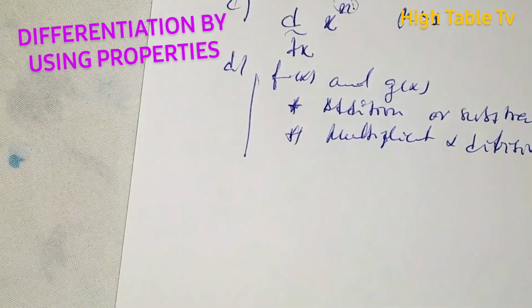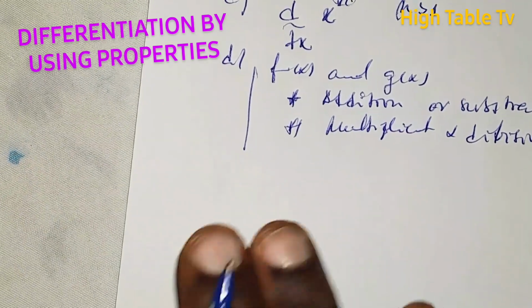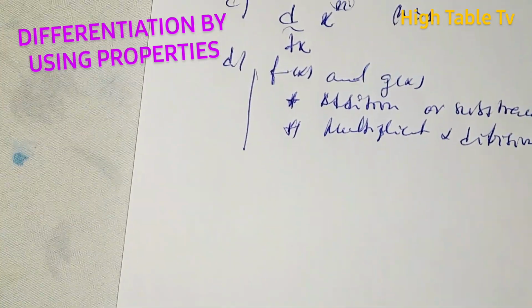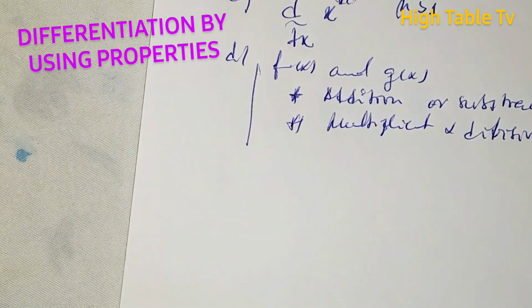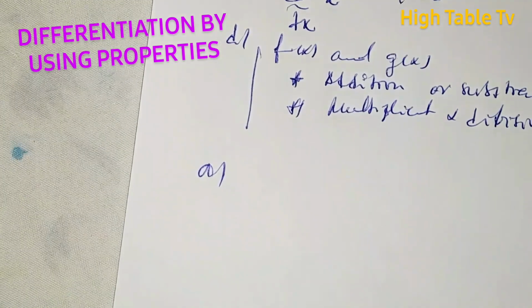After this, we will talk about the derivative of rational functions and also of some trigonometric functions. So let us come to the first property.